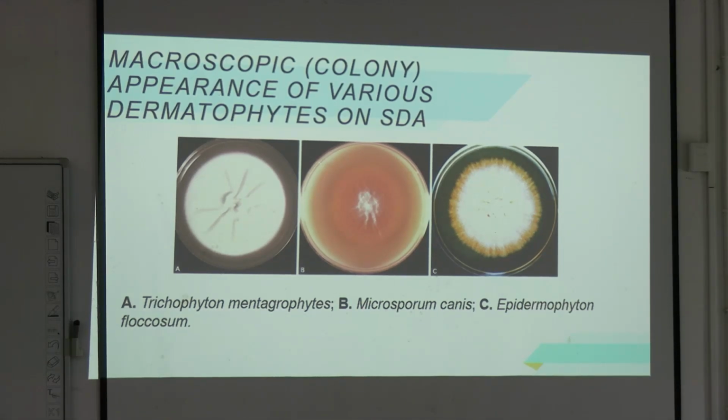After growth on SDA, what will we do? Lactophenol cotton blue, LCB mount is done. This is a lactophenol cotton blue; we take the fungal element from here and put it on a cover slip with lactophenol cotton blue, and we will see the pattern of growth, what conidia are present and what they look like. Under the microscope, seeing the different types of conidia, we differentiate the species: which is Epidermophyton, which is Trichosporon. Got my point? So first the sample comes, we will do what? KOH. After KOH the sample is put on SDA agar, and growth comes after a week. After growth, for speciation we will do what?